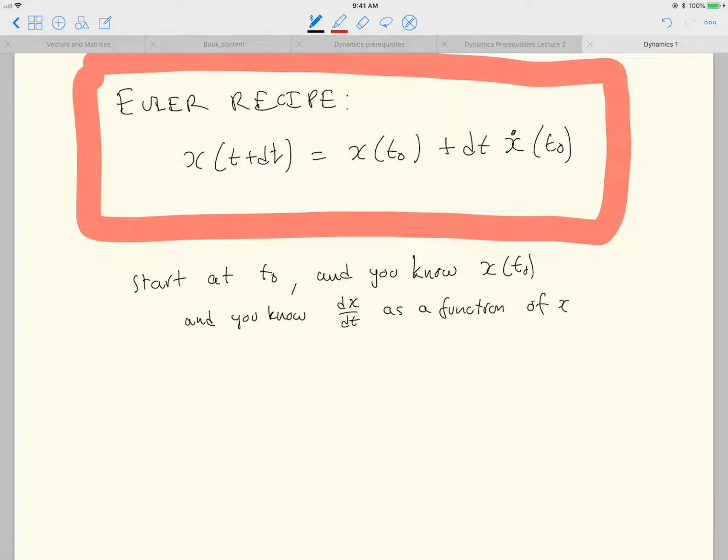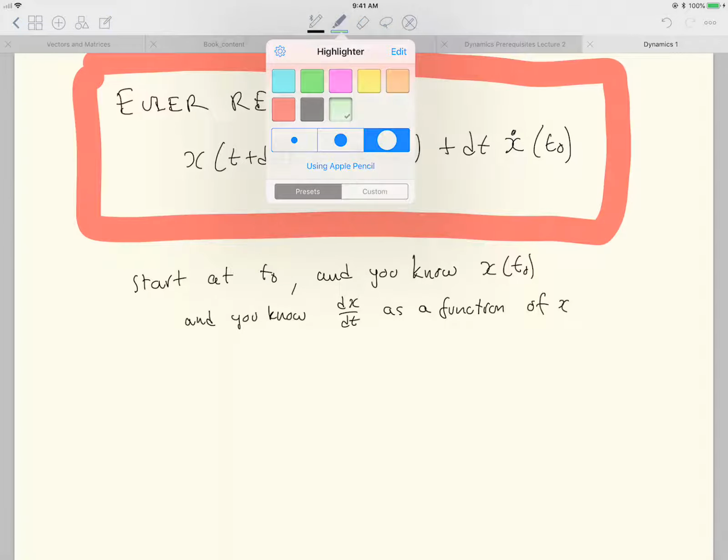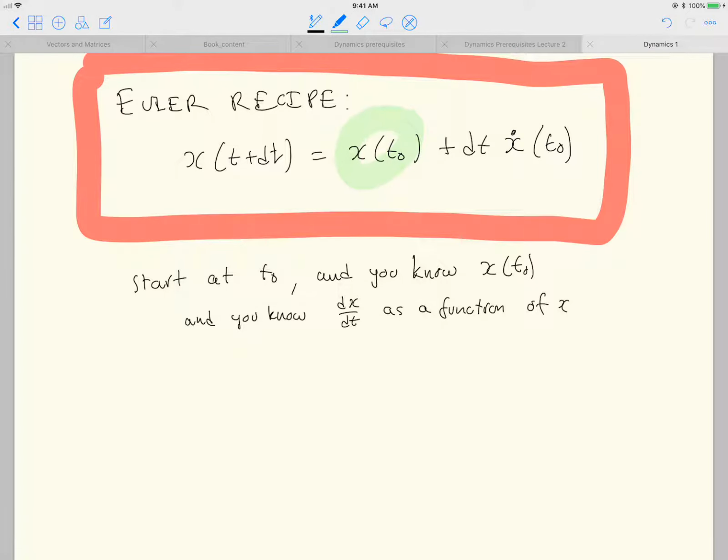Well, that means that you know all the terms that are here. You know this term, that's your starting point. You know this term, that's the one that we chose. We're going to choose dt to be small. And you know this term from knowing dx by dt as a function of x. And so that means that you can guess what x of t naught plus dt is going to be.